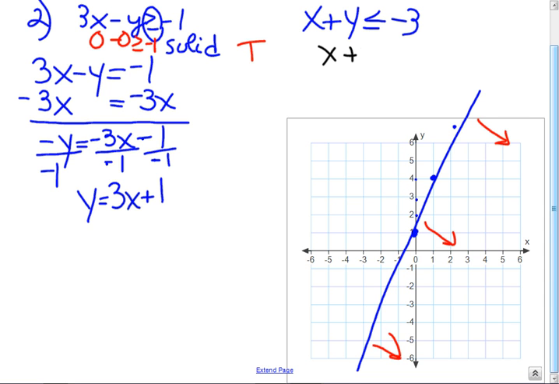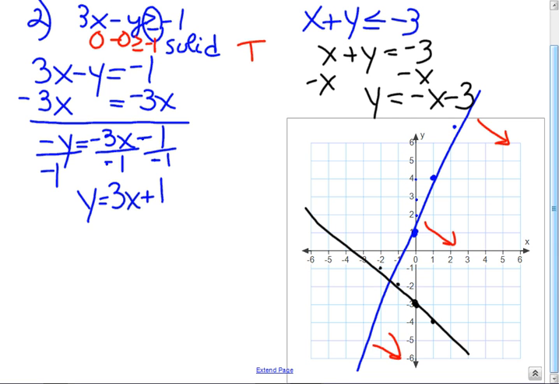Okay, what do you do here? x plus y equals negative 3. I want y by itself, minus x. You could do that, by the way. Where does this one begin? Negative 3. Slope is negative: down 1, to the right 1. So it's going to look like this. And then we're going to shade.